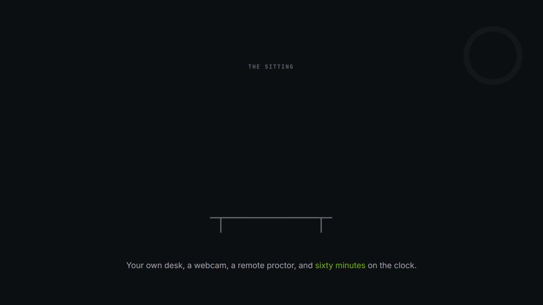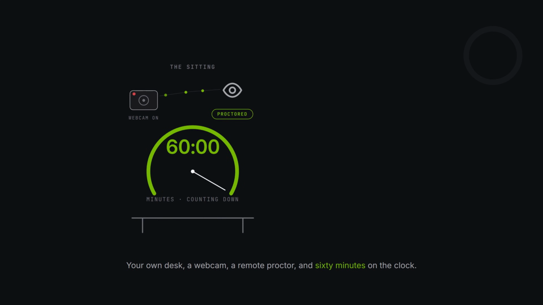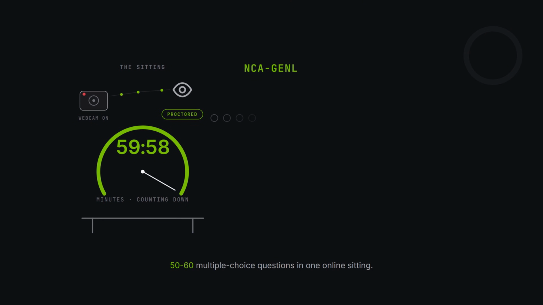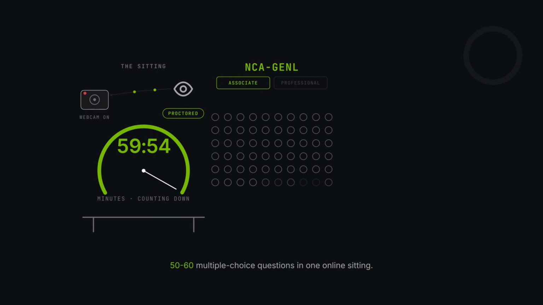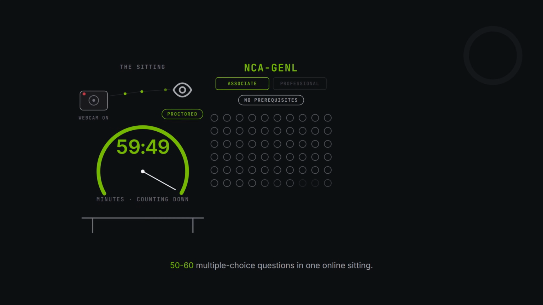Let's go. Picture yourself at your own desk, webcam on, a remote proctor watching, and a 60-minute clock quietly counting down. That is the NCA-GenL, NVIDIA's associate-level exam, which means it assumes only a basic grasp of generative AI with no formal prerequisites.